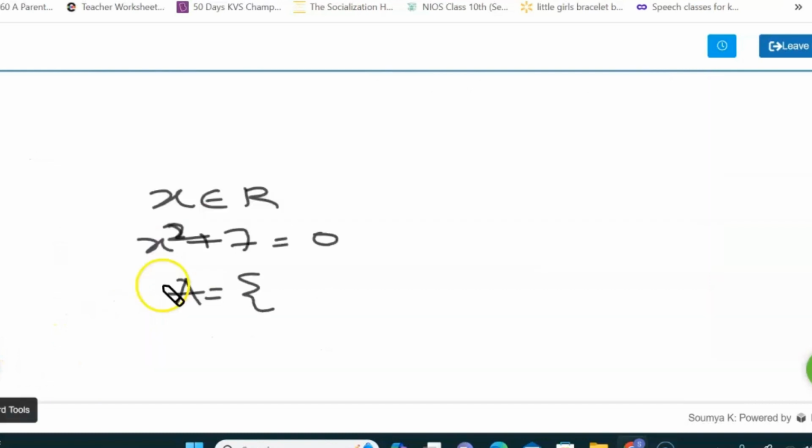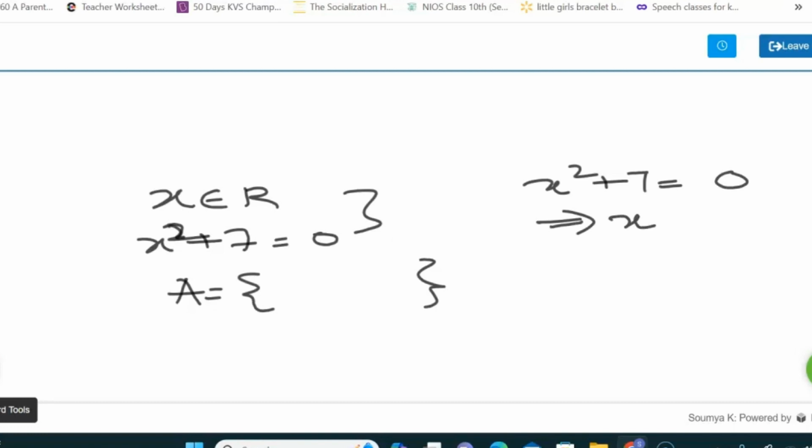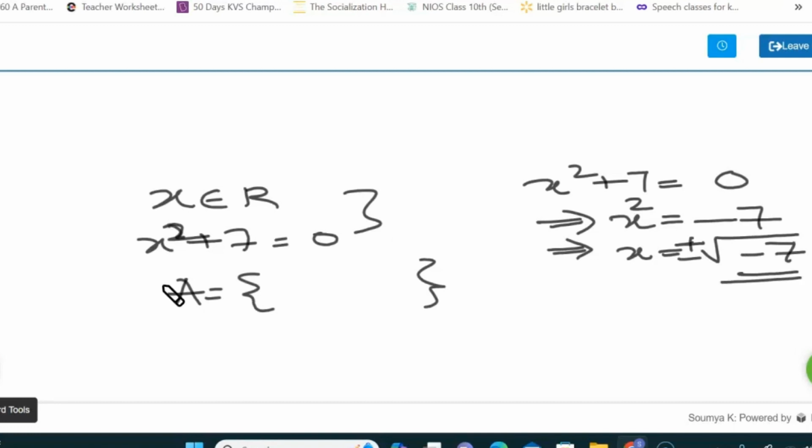So your set A will contain the elements that satisfy these two conditions. x square plus 7 is equal to 0, which implies x square is equal to minus 7. And then x is equal to plus or minus square root of minus 7, which is an imaginary number.